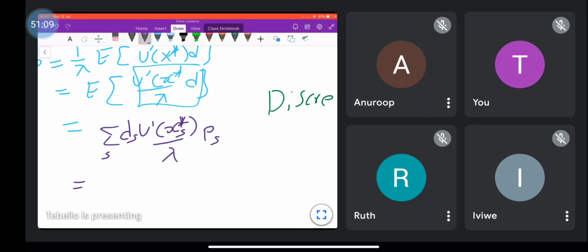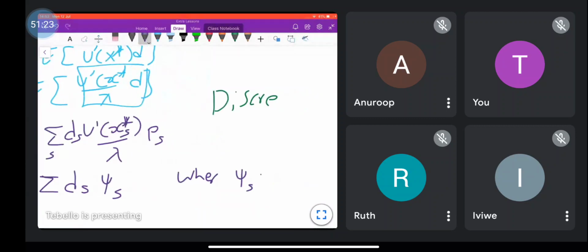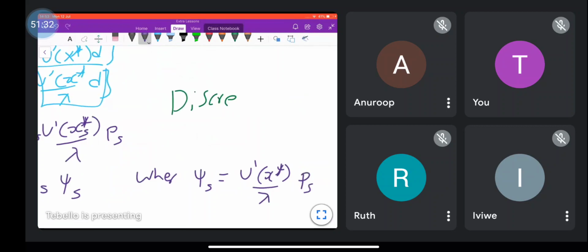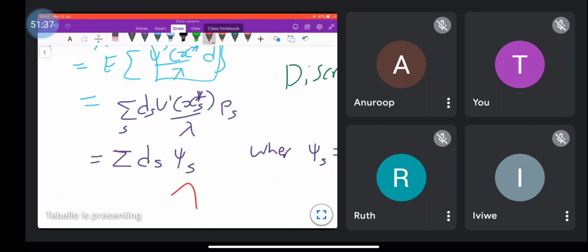Then we can write this as the sum of ds times psi s, where psi s is basically the first derivative of x star over lambda times ps. So this is where that formula comes from. This is what they mean by the state pricing.